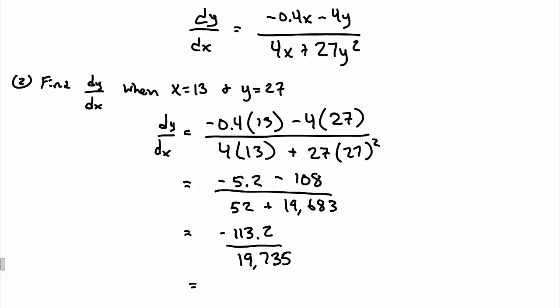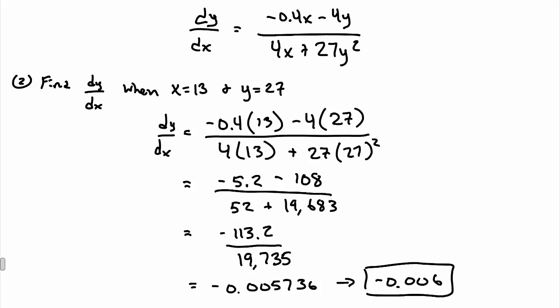As a decimal, rounded to the nearest thousandth, negative 113.2 divided by 19,735 is negative 0.005736, which means negative 0.006 to the nearest thousandth. And that would be your final answer.